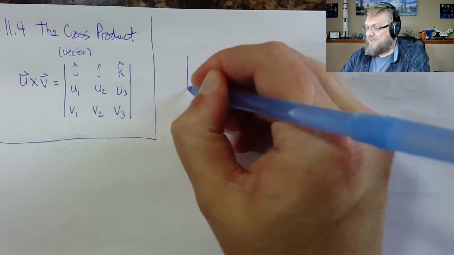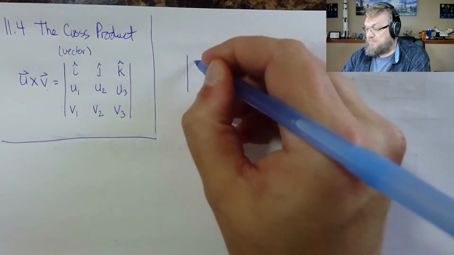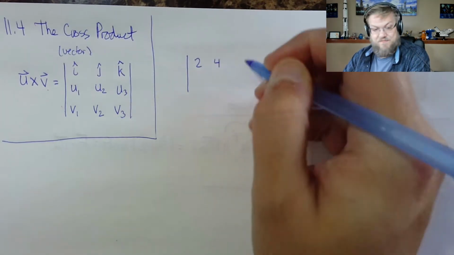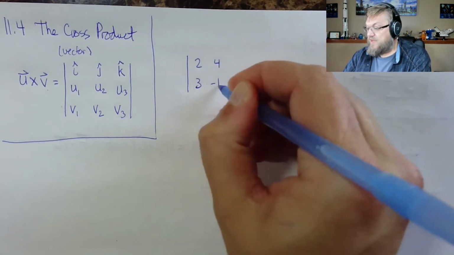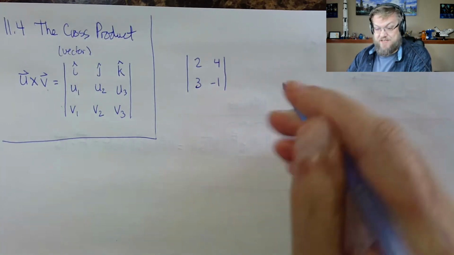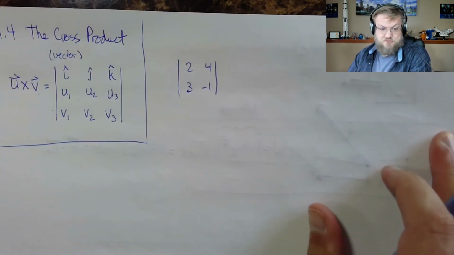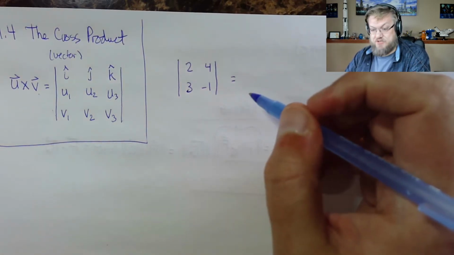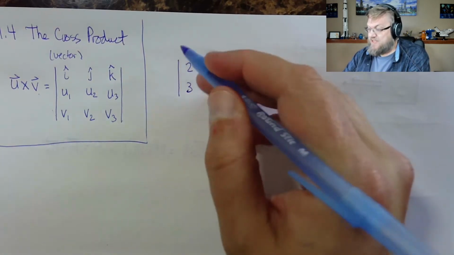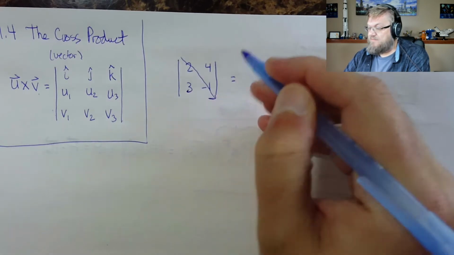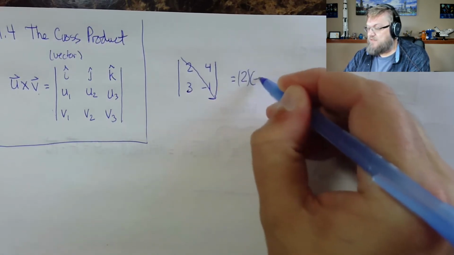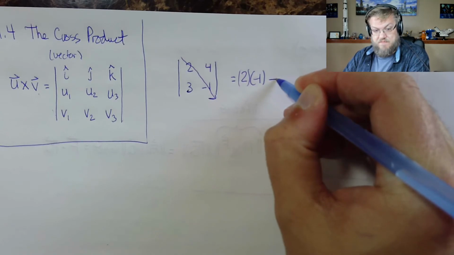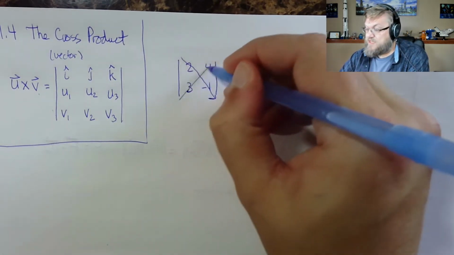For example, if I have a 2 by 2 determinant, by definition, this is all this means. Go ahead and put a 2 there, a 4 there, a 3 and a -1 there, and I ask you to calculate the determinant of this matrix. All this means is you do a cross multiplication. You're going to do 2 times -1, built-in subtraction, then you do 3 times 4.